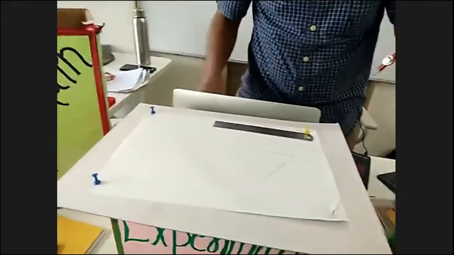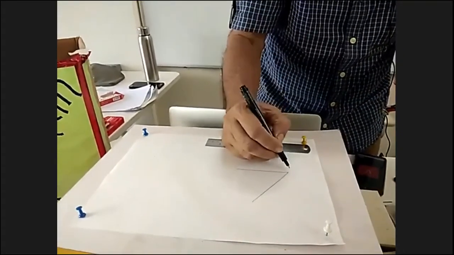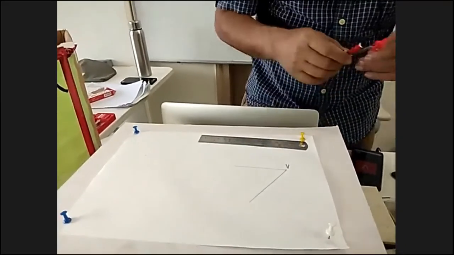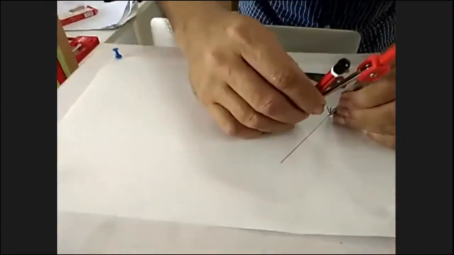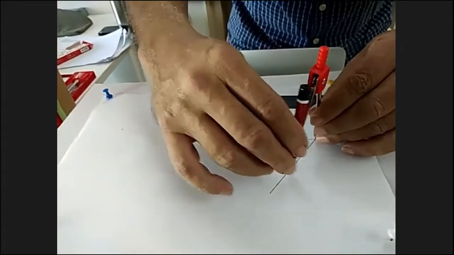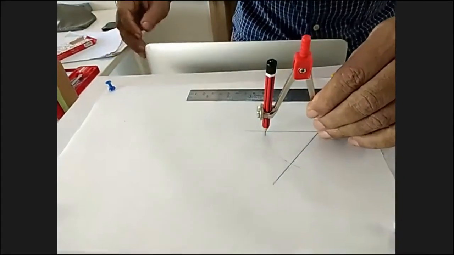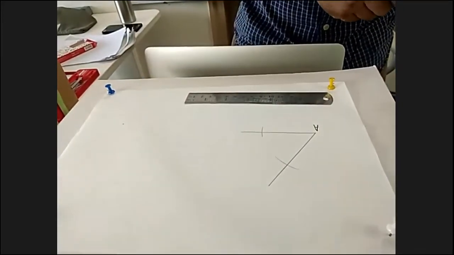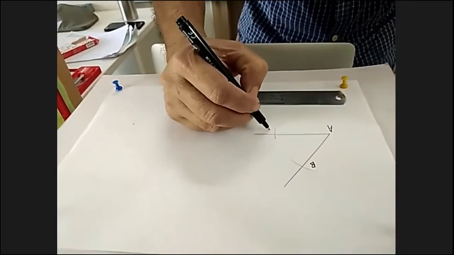I will call this point here as point A. And by taking any length of radius, I draw two arcs which cut the two arms of the angle. Let me call this point here as B, and this point here as C.